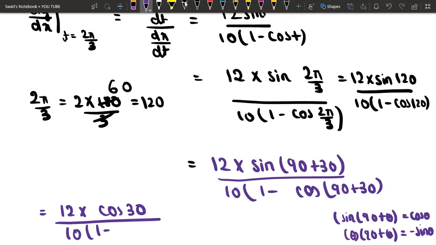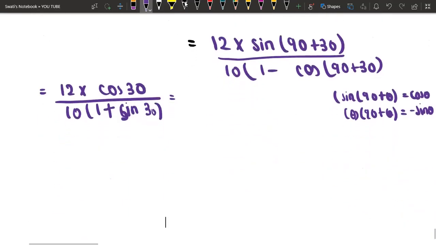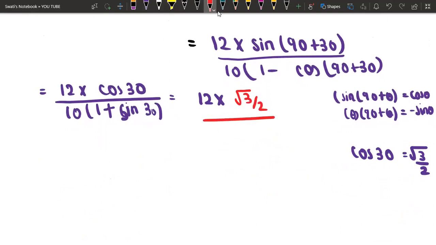So using these two formulas, minus into minus will become plus, and this is sine 30. It's very simple. Now you just need to simplify this again by putting the value of cos 30 and sine 30. We know that the value of cos 30 is root 3 by 2. So this will simply become root 3 by 2 here. And in the denominator, we have 10 times 1 plus sine 30. The value of sine 30 is just half.